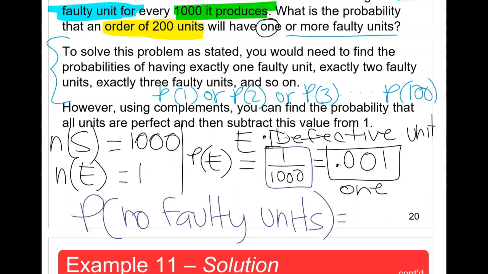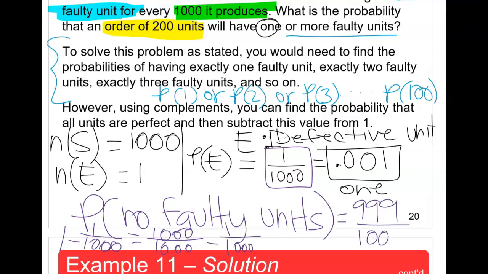Of course, if we subtract 1 minus 1 over 1,000, this will be 1,000 over 1,000 minus 1 over 1,000, and this will give me 999 over 1,000.